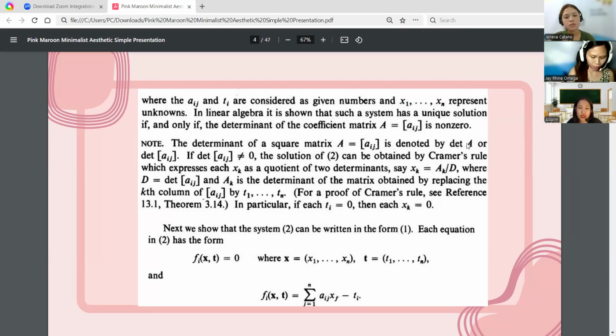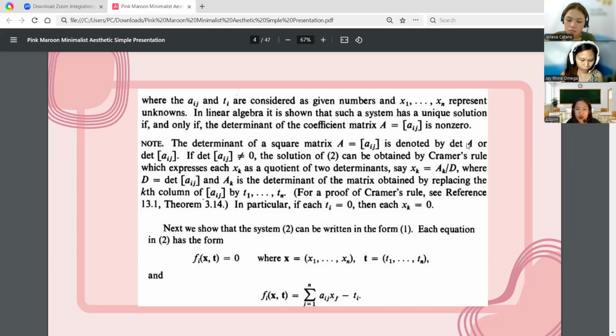Note that the determinant of a square matrix A equals (a_ij) is denoted by det A or det(a_ij). If det(a_ij) is not equal to 0, the solution of 2 can be obtained by Cramer's rule, which expresses each x_k as a quotient of two determinants, say x_k equals A_k divided by D, where D is equal to det(a_ij) and A_k is the determinant of the matrix obtained by replacing the kth column of (a_ij) by t_1 to t_n.